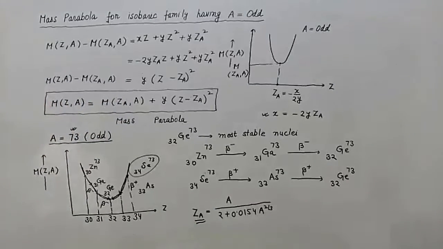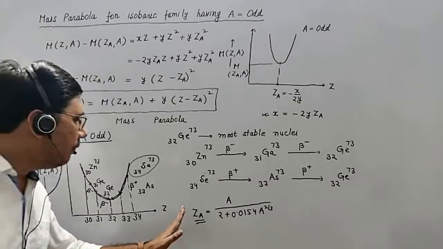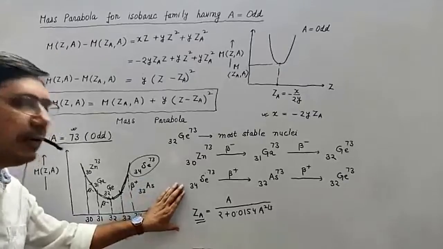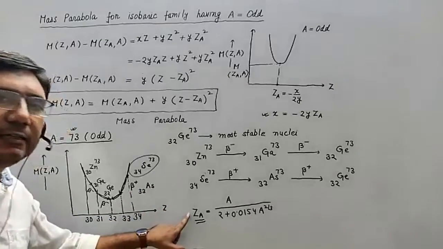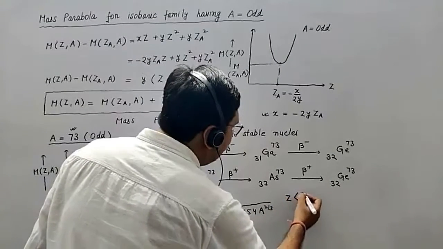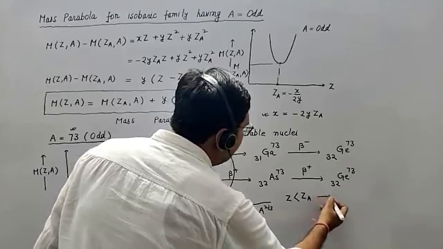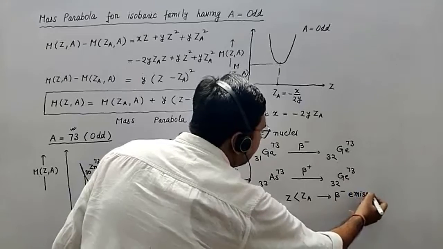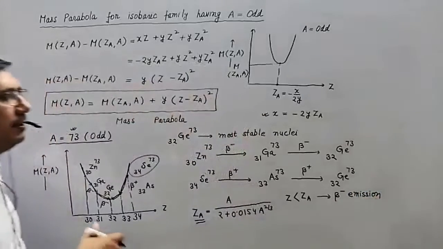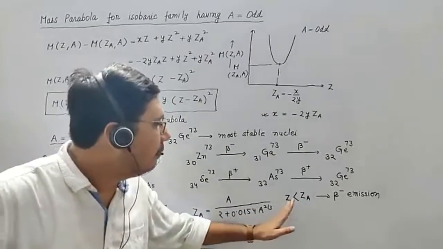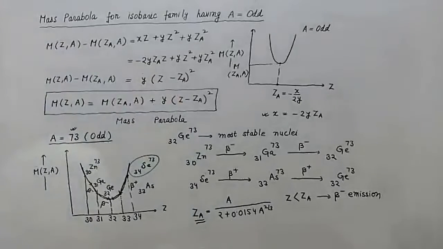And then I can predict: if in the isobaric family we have a nuclei which has Z number less than ZA, then it will emit a beta minus particle. Beta minus emission will take place, because a nuclei with Z number less than ZA will prefer beta minus emission so that it can achieve the most stable configuration.